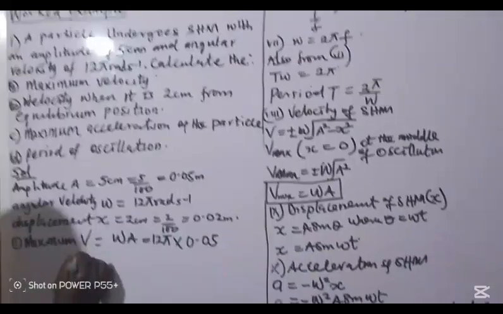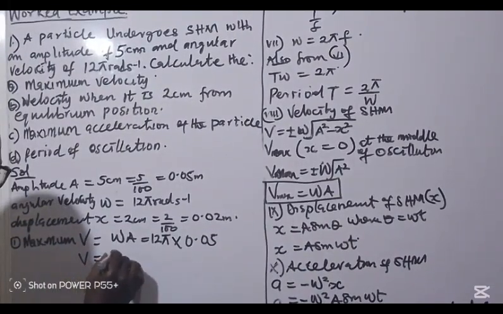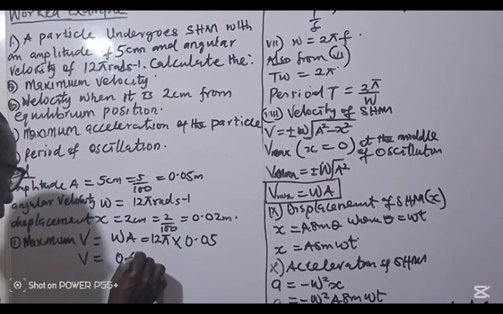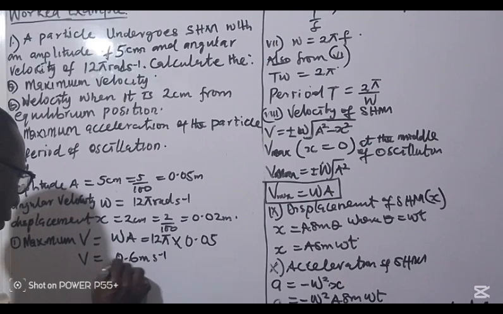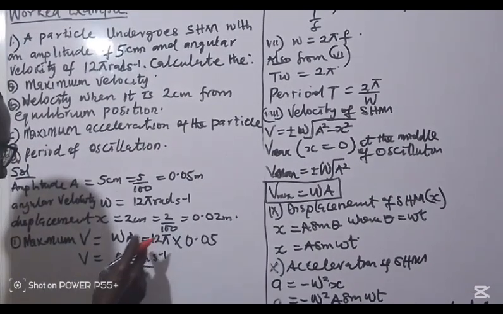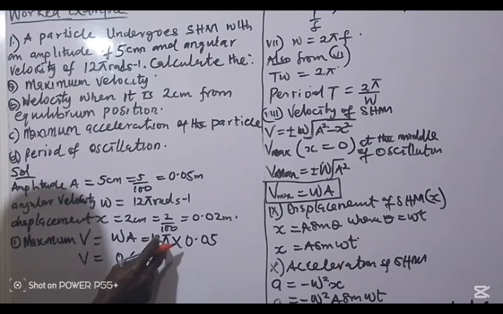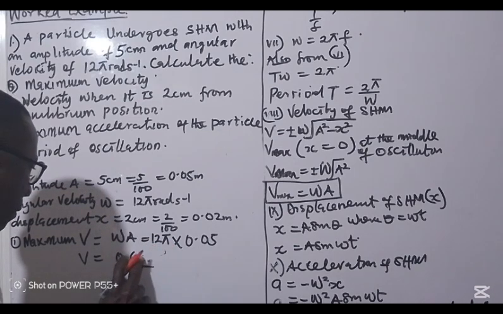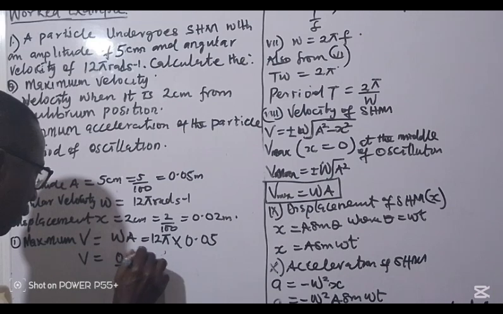Maximum velocity equals 0.6 meter per second. That's maximum velocity. Because the value of pi is not given, we need to calculate in terms of pi. That is 0.6 pi meter per second.